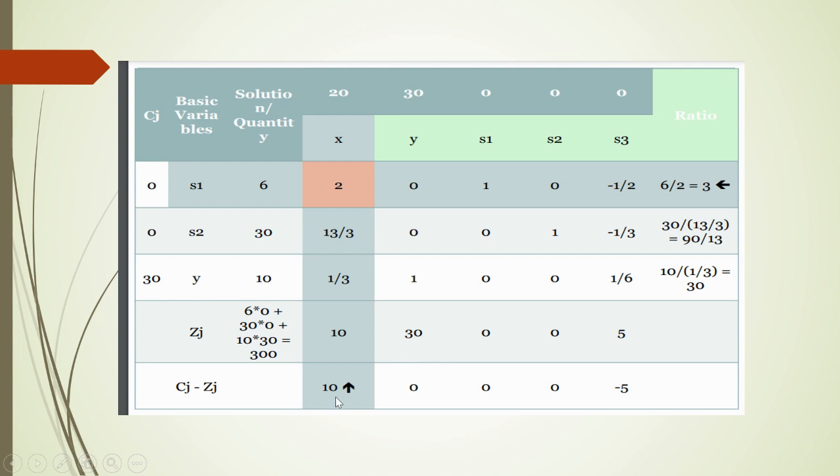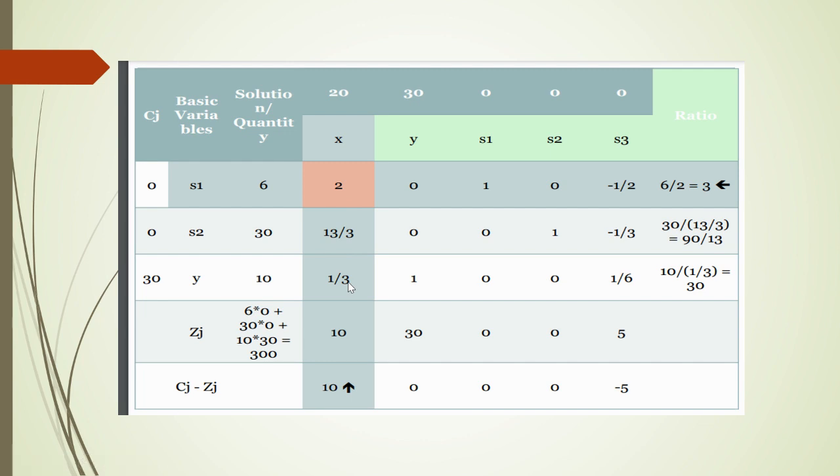Here we found that 10 is the most positive value, and this is the pivot column, the entering column. We compute the ratio by dividing the right hand side values by the pivot column elements. Here 2, 13 by 3, and 1 by 3 are the pivot column elements.